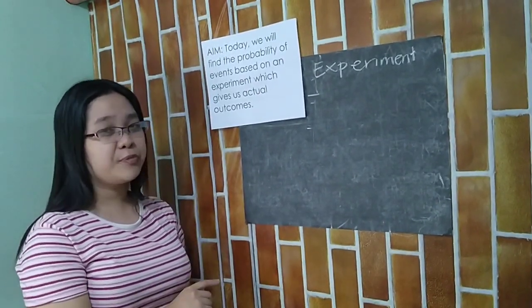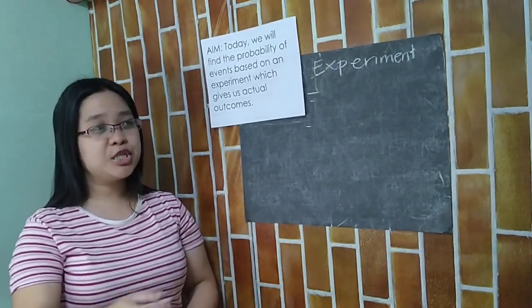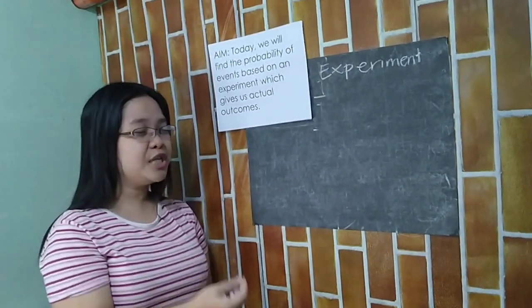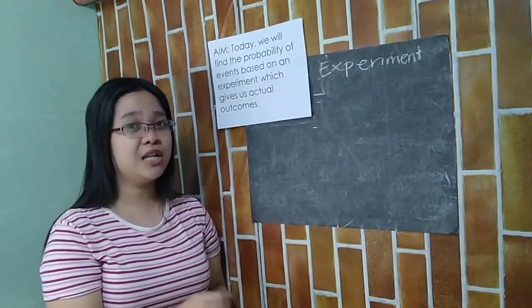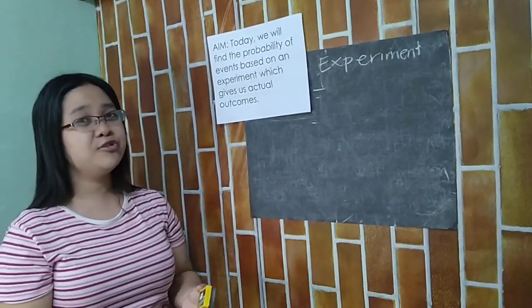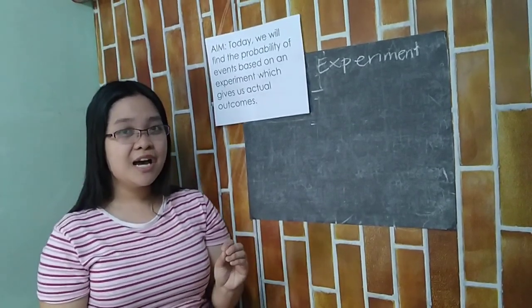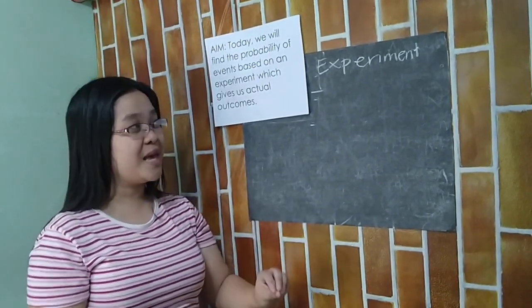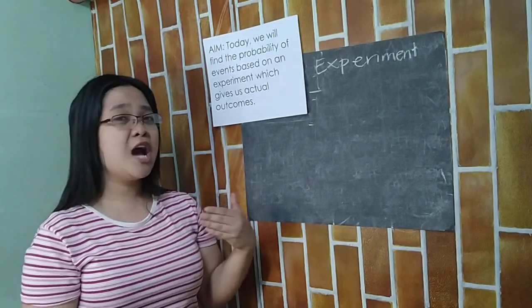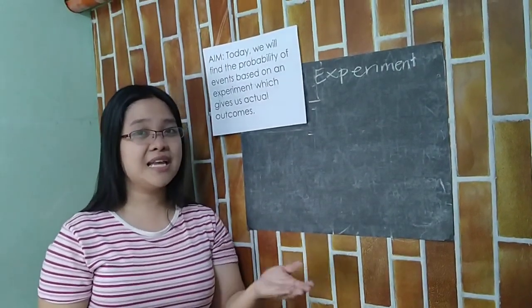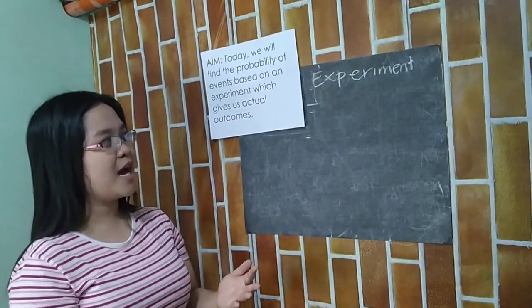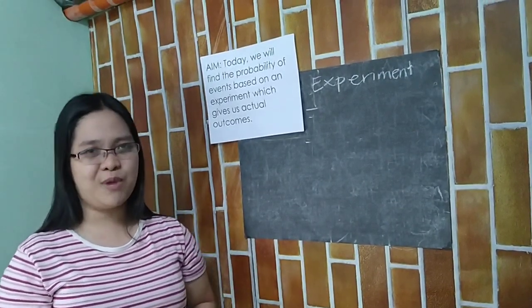Like what we did on our previous activity, I just simply picked a unit cube from the box without actually looking at it. So therefore, I don't have any idea what I will pick because I was looking somewhere else while picking a unit cube. And how many times did I do that? It's 5. So I conducted 5 trials for this experiment.